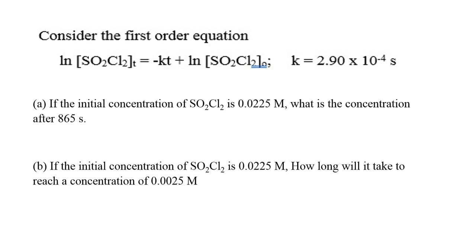So let's go back to that first law. In this case, our A is SO2Cl2. This is the same integrated rate law, so we can say this is A naught, this is A_t. Instead of A_t, we have a real concentration of a substance here, and this is the initial concentration of a substance.